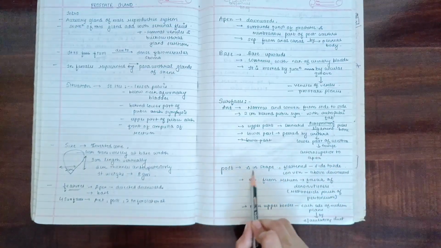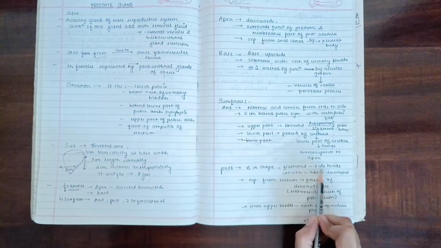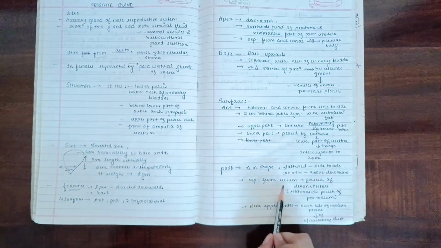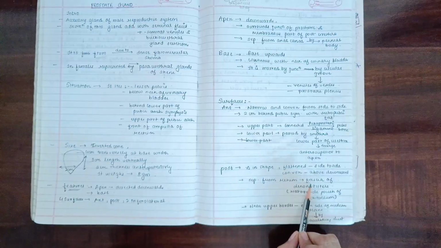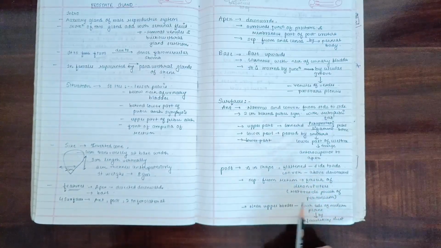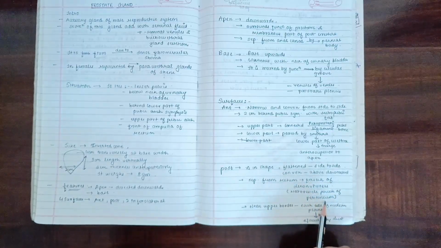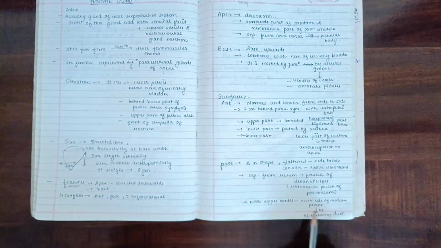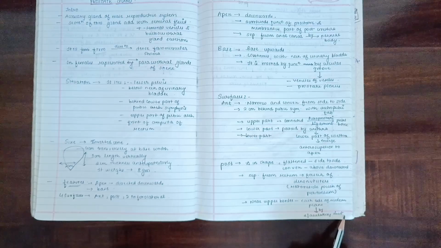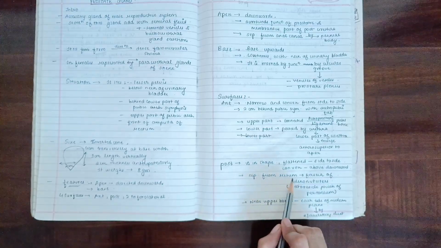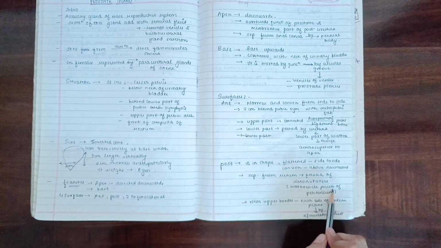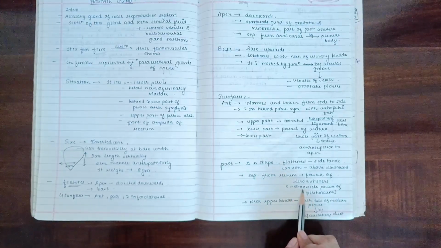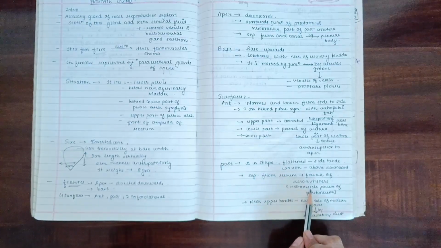Posterior surface is triangular in shape, flattened from side to side and convex from above downwards. It is separated from the rectum by the fascia of Denonvilliers or the rectovesical pouch of peritoneum, which is present between the rectum and the urinary bladder.